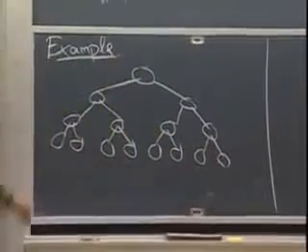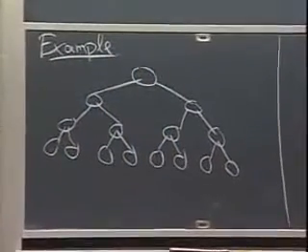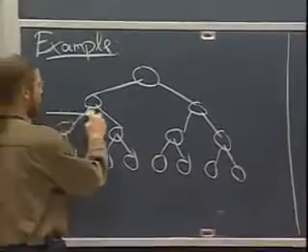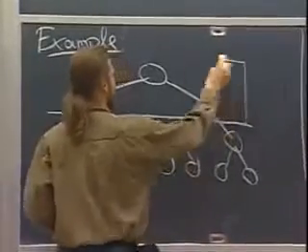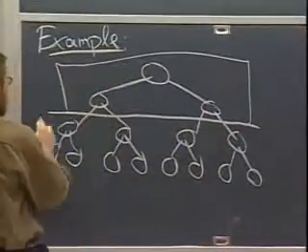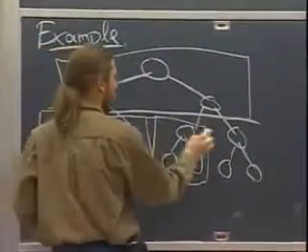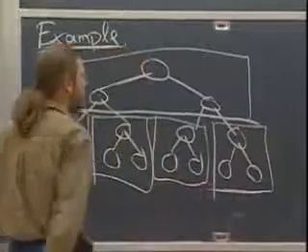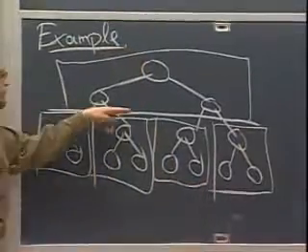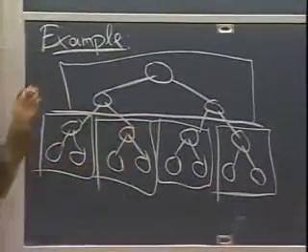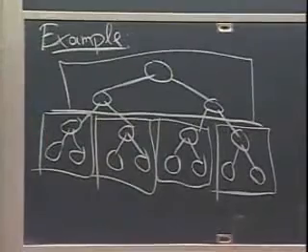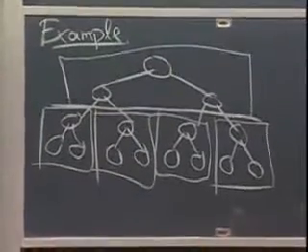So here's a tree of height 4 or 3, depending on how you count. We divide in the middle level, and we say, okay, that's the top tree, and then these are the bottom trees. So there are 4 bottom trees. So there are 4 children hanging off the root tree. They each have the same size in this case.